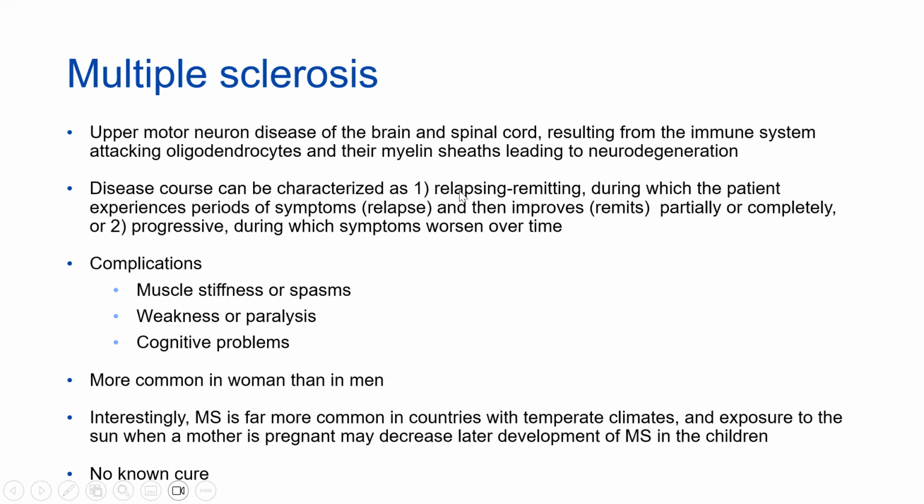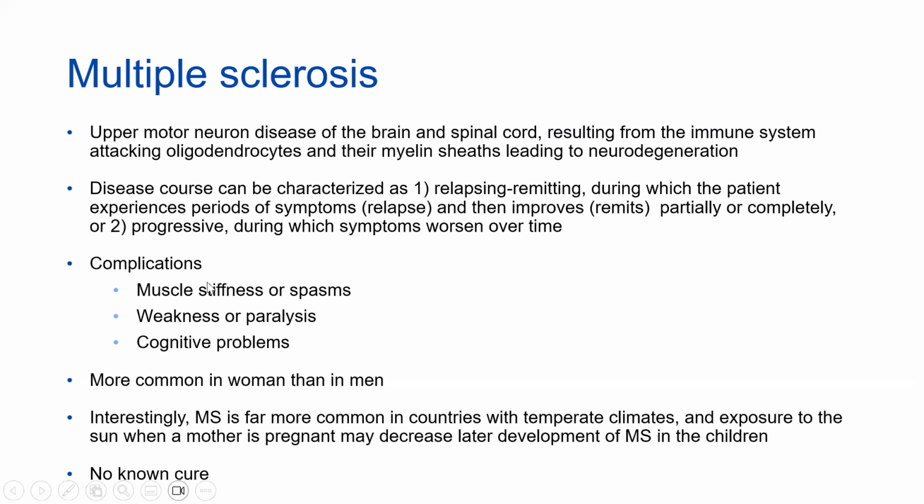Disease course can be characterized as either relapsing remitting, during which the patient experiences periods of symptoms and then improves, or it could be progressive, in which case symptoms worsen over time. Also, a patient could start out having relapsing remitting MS, and then later on it could turn into the progressive form.